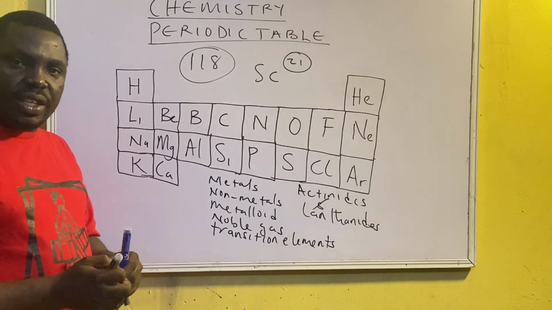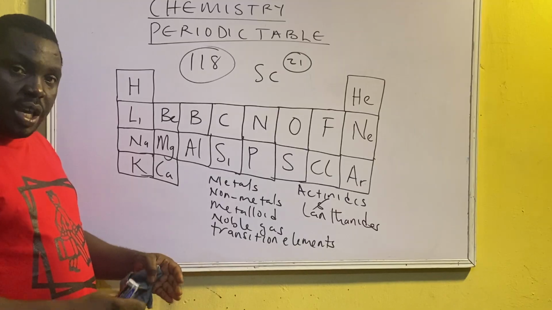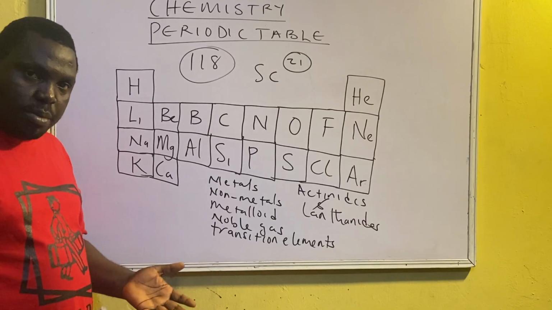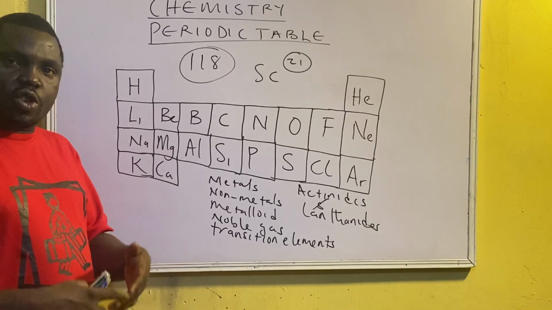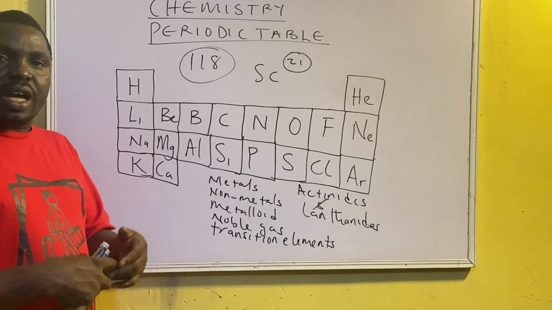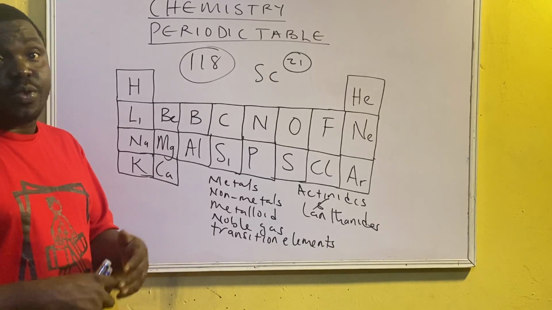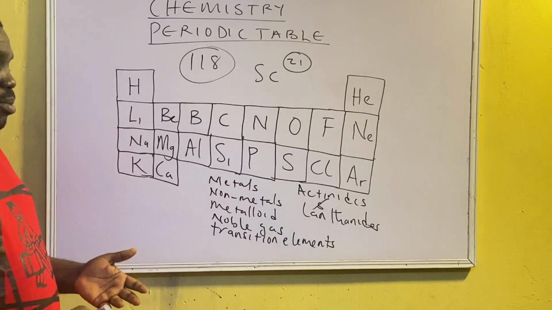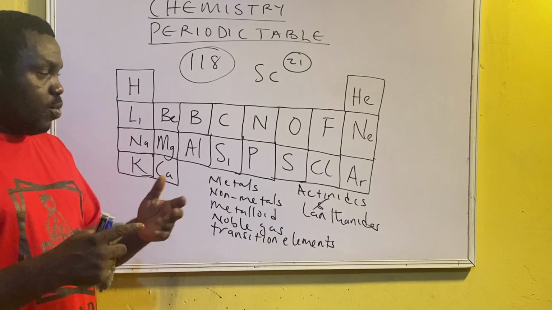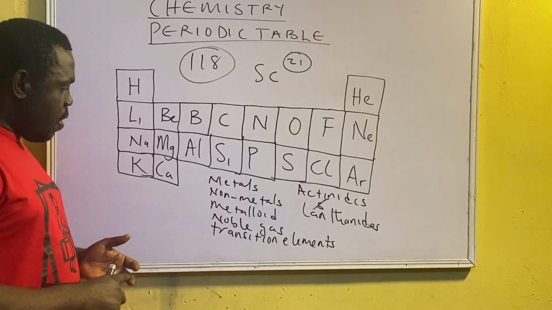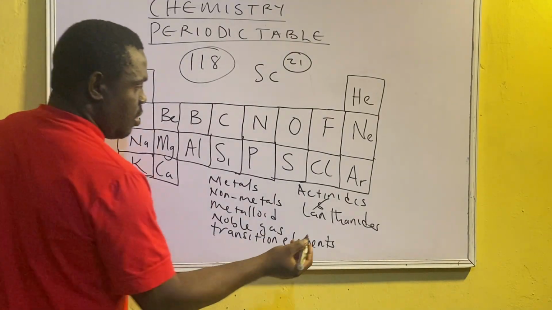From 21 like that, you have your transition elements down. Scandium, copper, iron, chromium, vanadium, even zinc are transition elements. Of course, there are properties of transition elements, and we're not going into that for now.